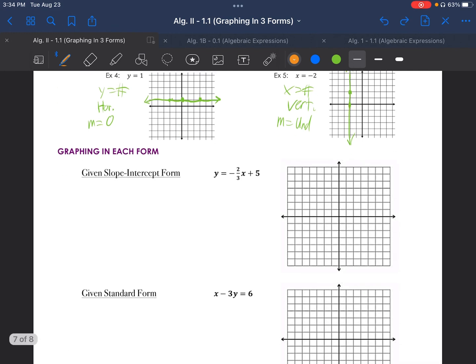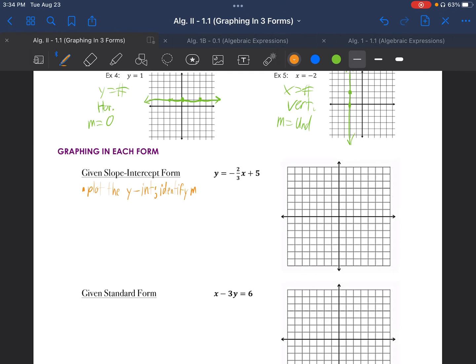Graphing in each form. So we'll start by plotting the y-intercept. So let me write that down as the first step. Plot the y-intercept, aka b. Oftentimes I'll say begin with b. And at the same time that we do that, we also want to identify m, which is the slope.